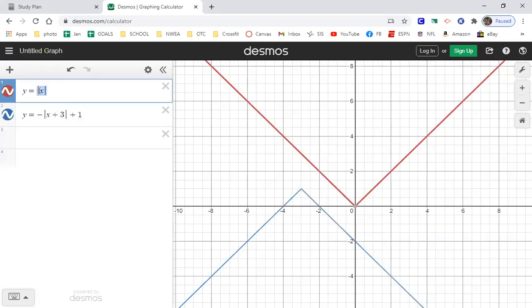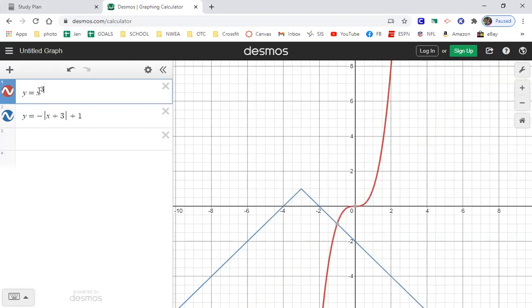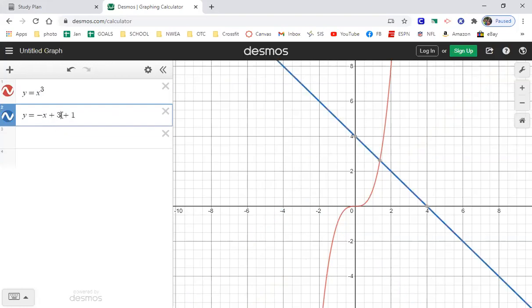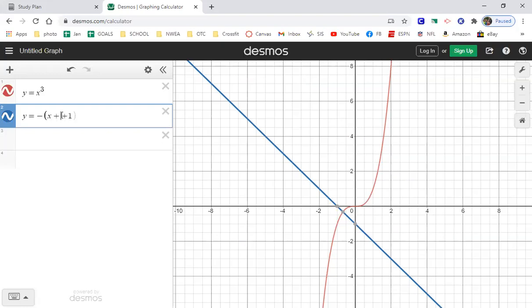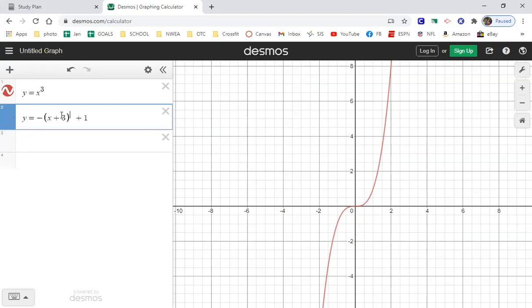So if we did a cubic function, okay, there's your cubed. So the negative flips everything over. The +1 moves everything up 1 unit.